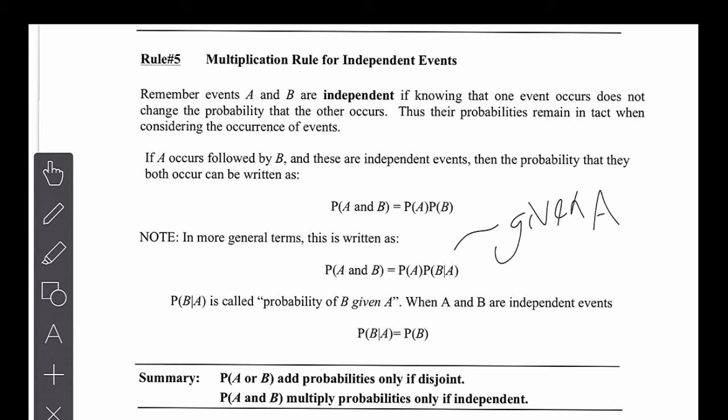As I just mentioned, given that they are independent events, it doesn't matter if A happened, the chance of having the hair color stays the same. It's still 40%, like in the example that I gave.